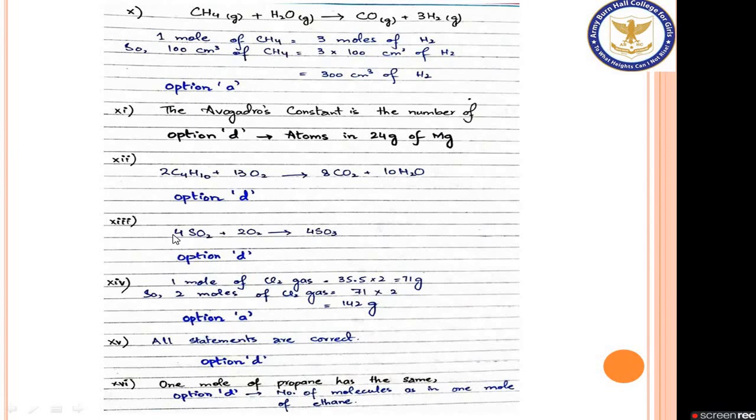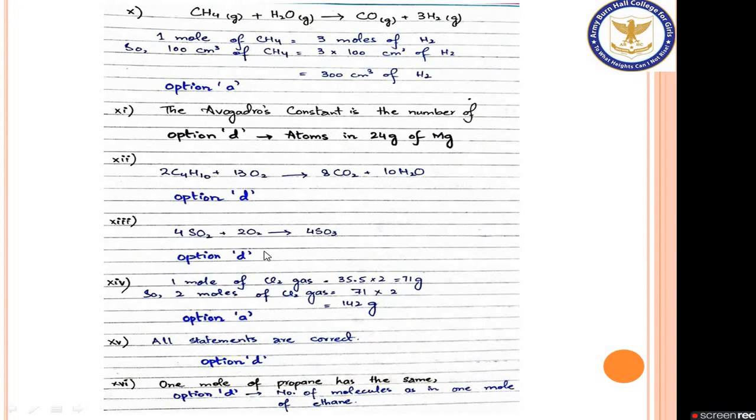After writing the balanced chemical equation, the number of moles of oxygen we need for its complete oxidation is 2 moles. So option D is the correct option: 2 moles of oxygen are required for the complete oxidation of the sulfur dioxide to sulfur trioxide.